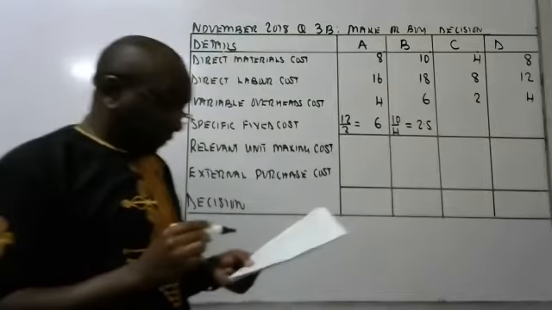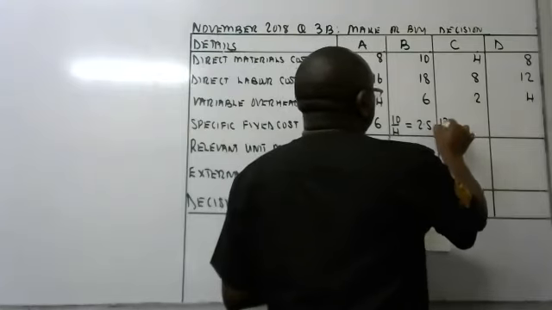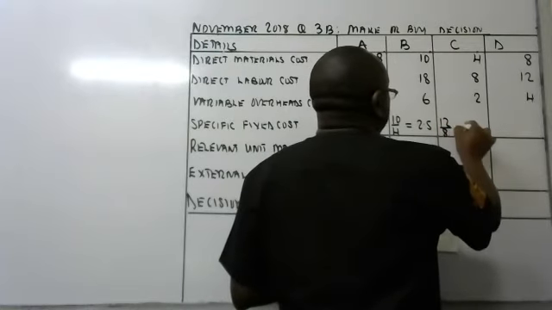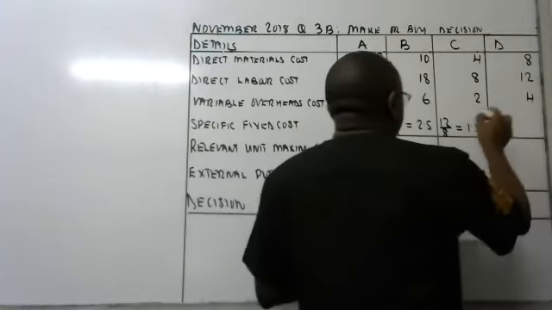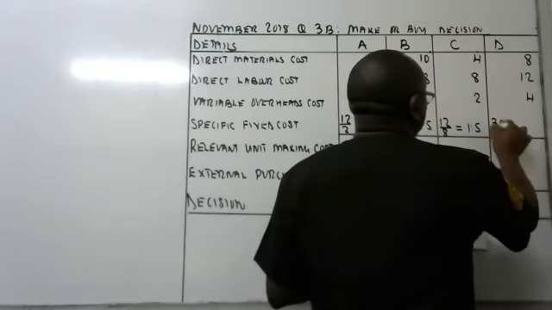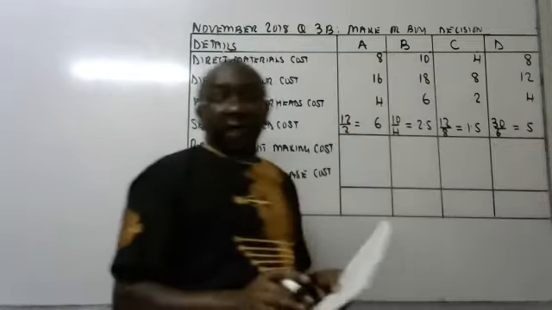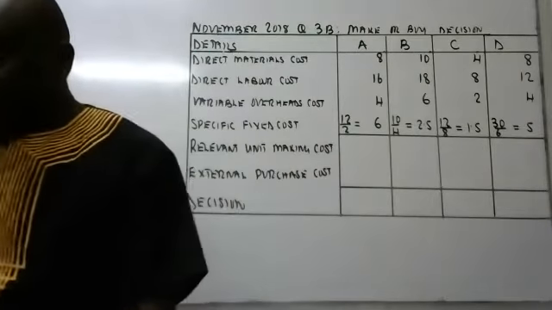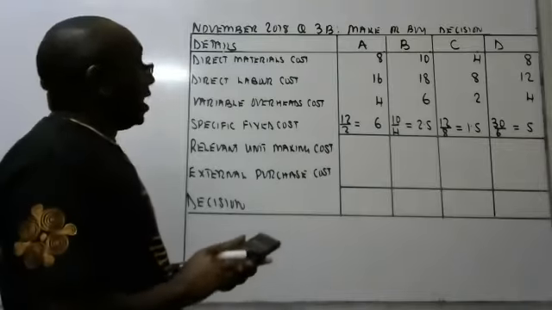The next one is 12, you divide by 8. That gives us 1.5. The next one is 30, you divide by 6, and that gives us 5.